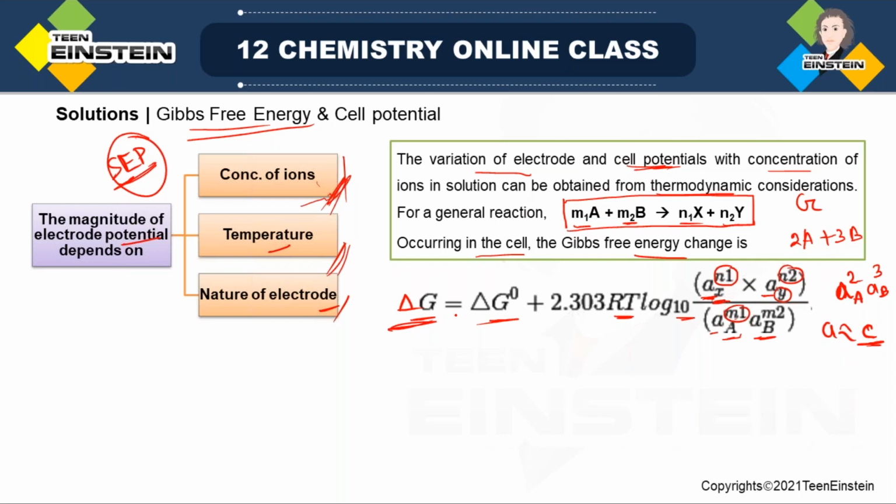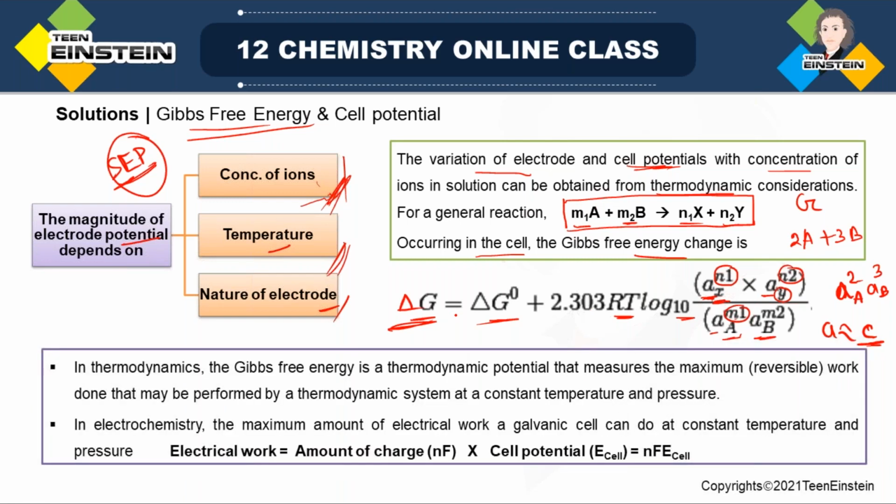For that we have to understand the relationship between G and E. In thermodynamics, the Gibbs free energy is a thermodynamic potential. Why is it a thermodynamic potential?